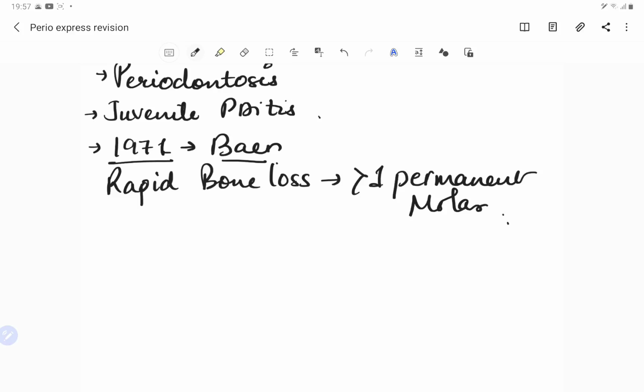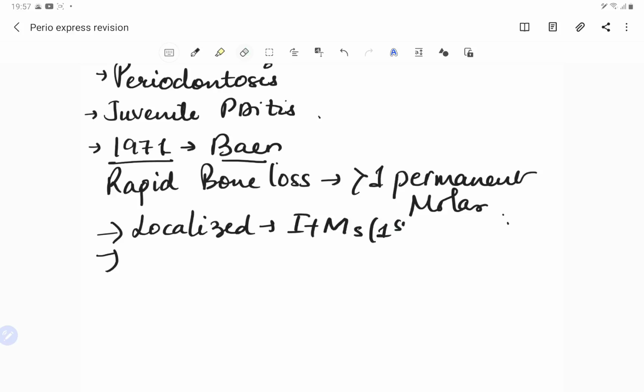He described two forms of it. One is localized. He said localized periodontosis is when it affects the incisors and the first molars, especially the first molar. And generalized is when most of the dentition is involved.